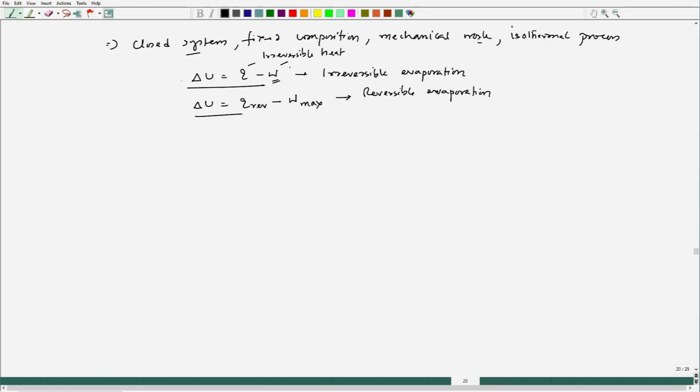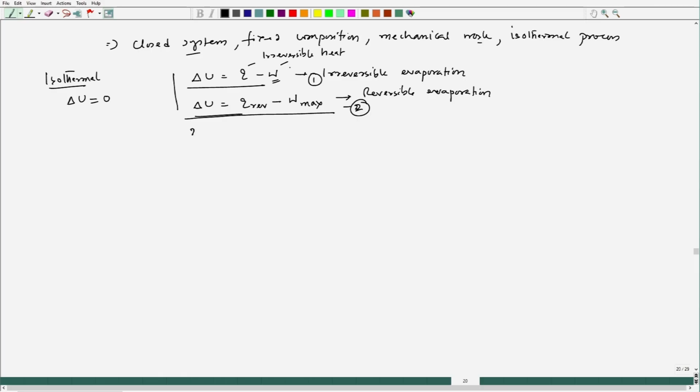Now, since this is isothermal, this will be 0, and it does not matter whether it is irreversible or reversible, because U is a state function. Now, I can see that if I take the difference, this is 2, this is 1.